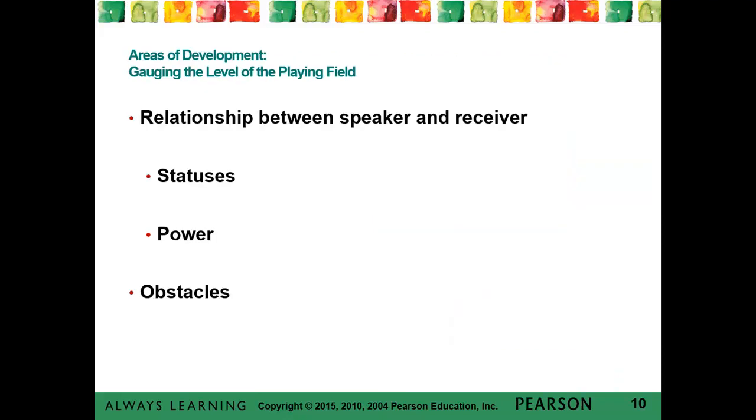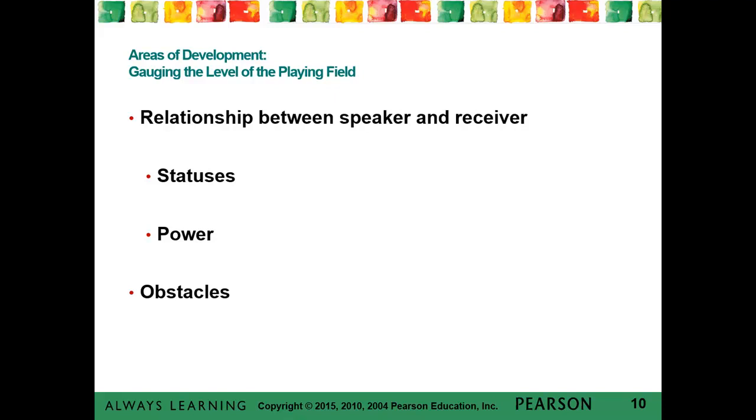The author says when we want to further develop our communication skills, perhaps we need to think about how we're gauging the level of the playing field. And so he talks to us about issues of power and status. And in our reading, he defines status as one's position, and he defines power as the ability to influence people and bring about change.